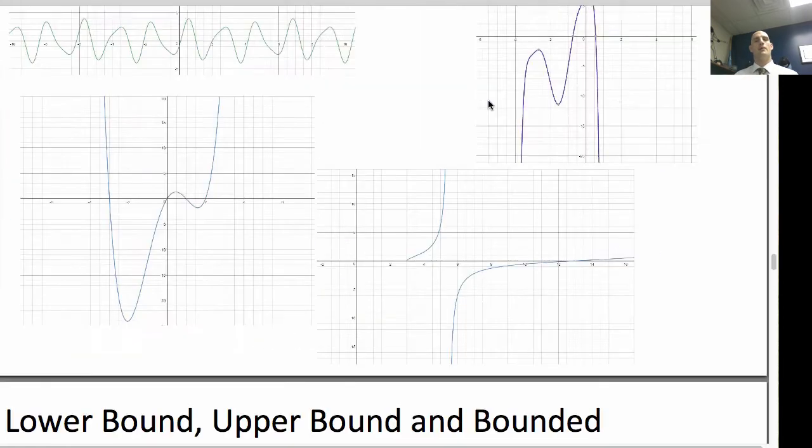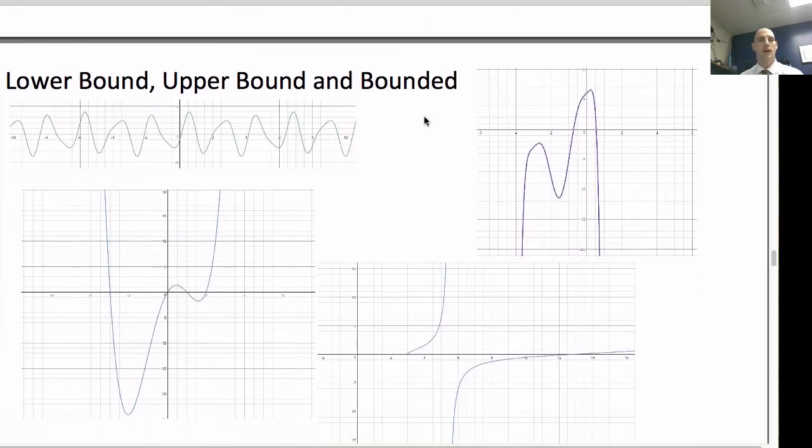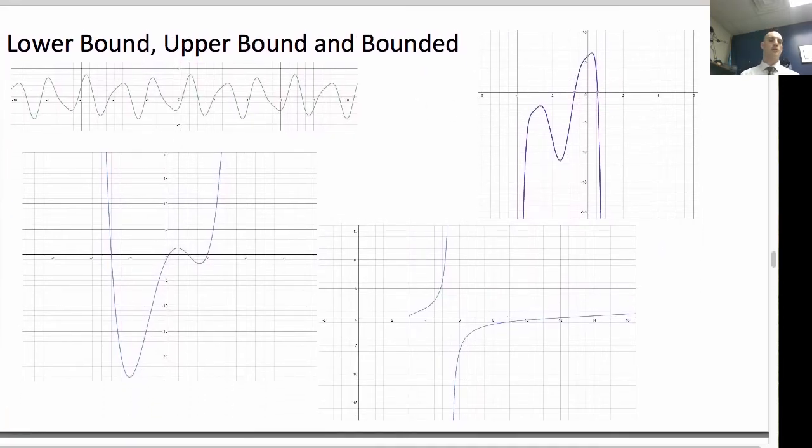So you're probably like, I don't really understand what that means. Well, check it out. Look at this. I've got this graph here, whatever it happens to be. If it has a lower bound, I can literally draw a line below the entirety of the graph, meaning every value is above it. Okay? Yes, this has a lower bound. So I can draw a value below it and the graph doesn't cross it.